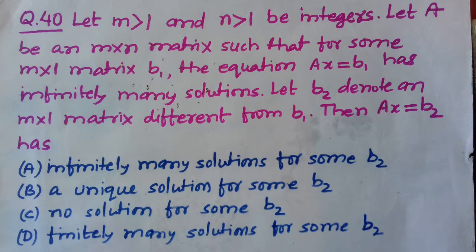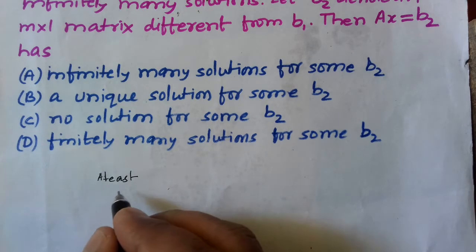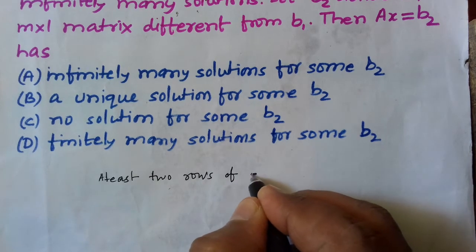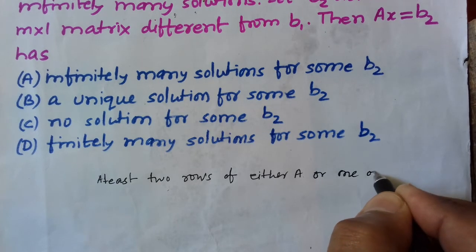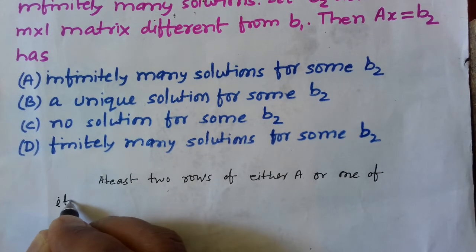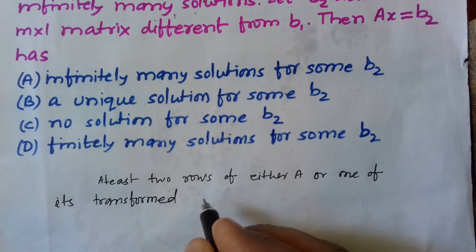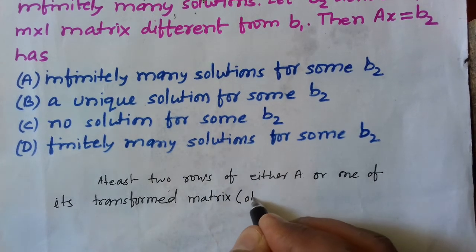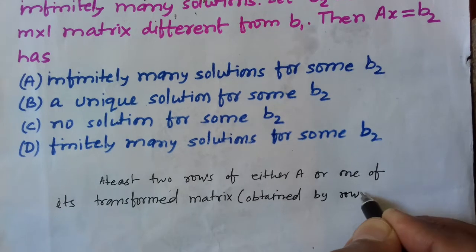This ensures that at least two rows of either A or one of its transformed matrix. Transformed matrix means obtained by row operation.